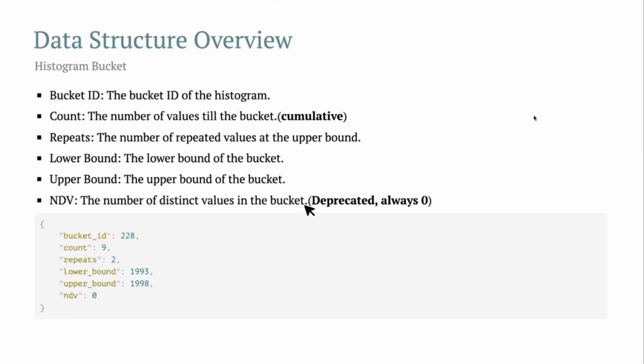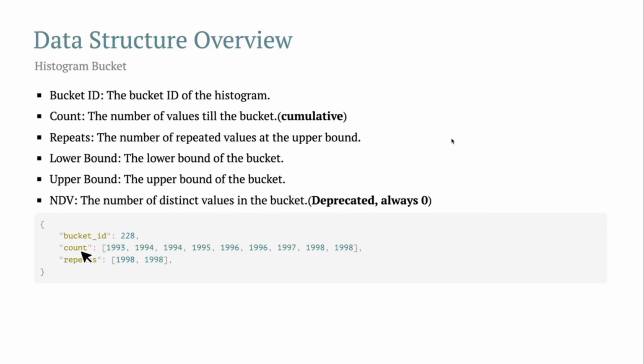But we failed, because the accuracy of this field is not very good, because we use the samples from TiKV to build our TopN and histogram data structures. So the NDV is not good enough. So we decided to deprecate it. And right now it's always 0, as you can see.